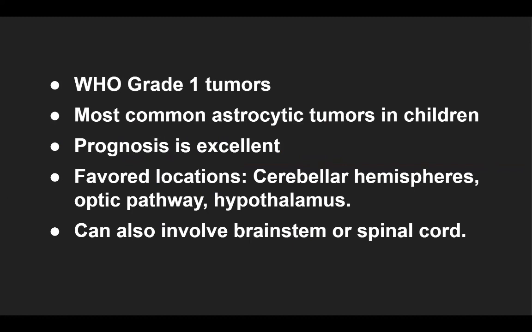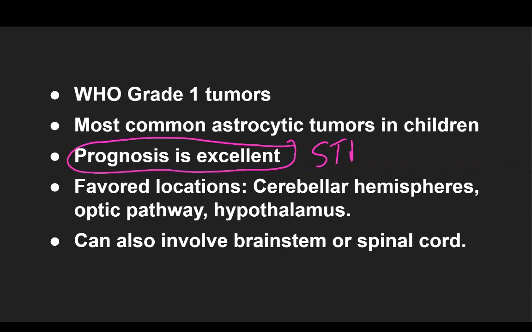Most common astrocytic tumors in children. The prognosis is excellent. Why is the prognosis excellent? Because even if we end up doing subtotal resection, we can always go back and do a redo surgery to take all of it again, right?